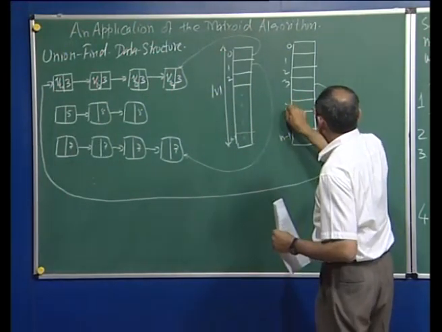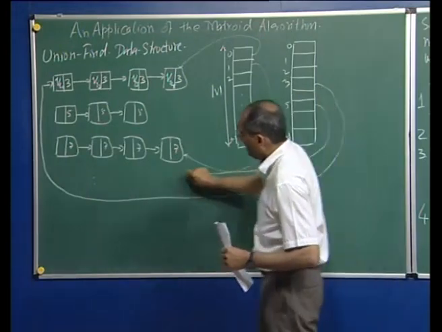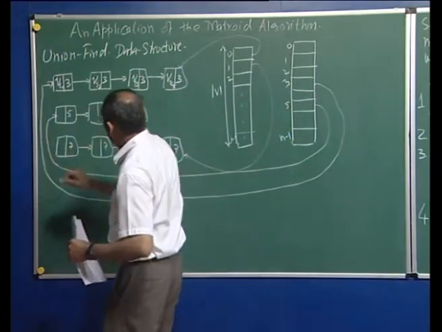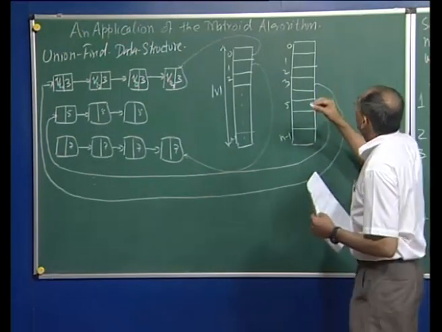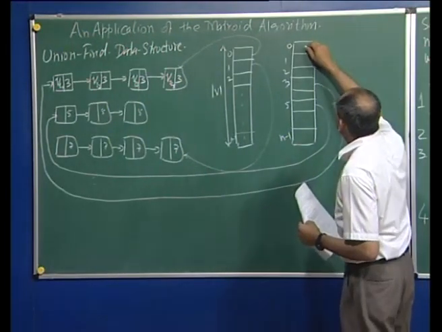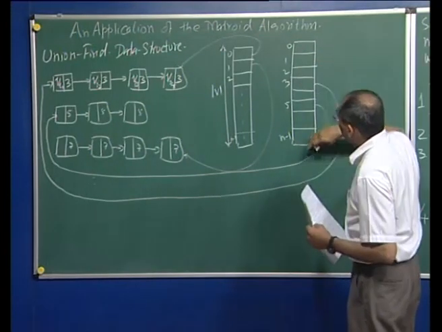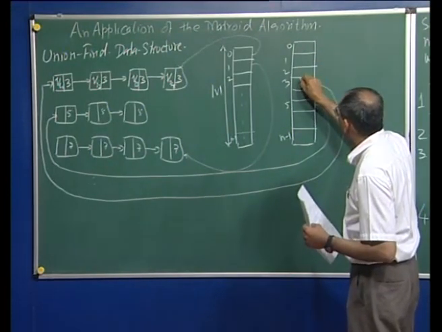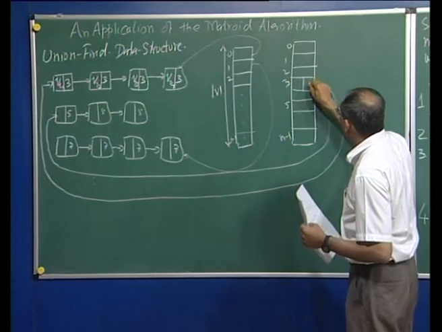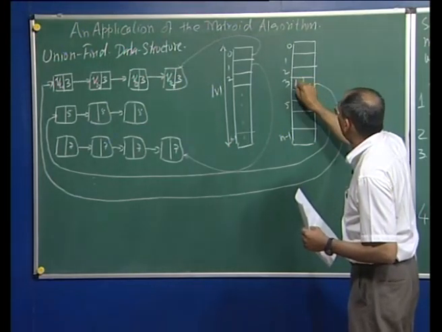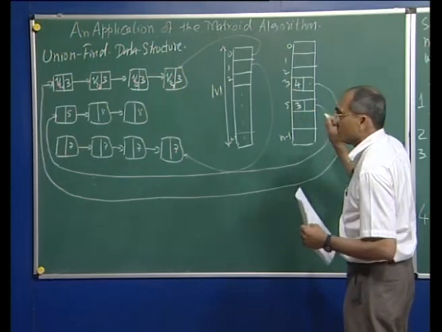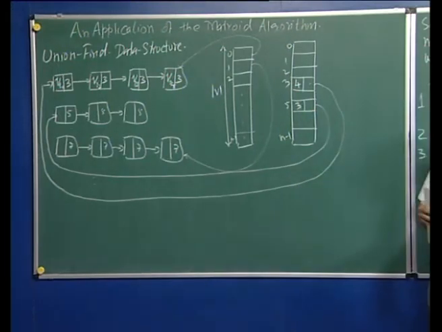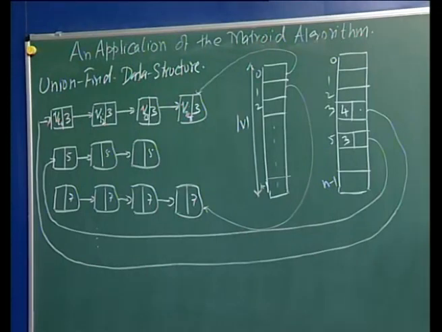Maybe this is 5. So, this will be pointing to 5 and so on. In addition, we will also save here the size of the list. So, for example, there are two parts, here is the pointer, here is the number of nodes in that list, over here it is 3 and so on. This is the information we will store in this data structure.